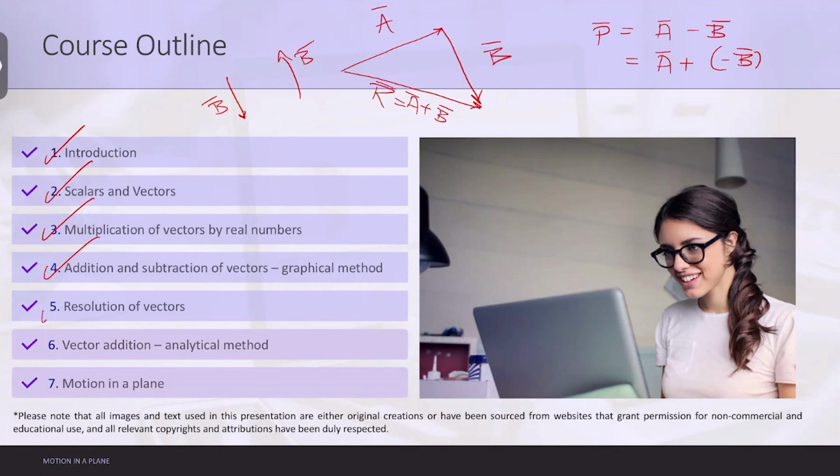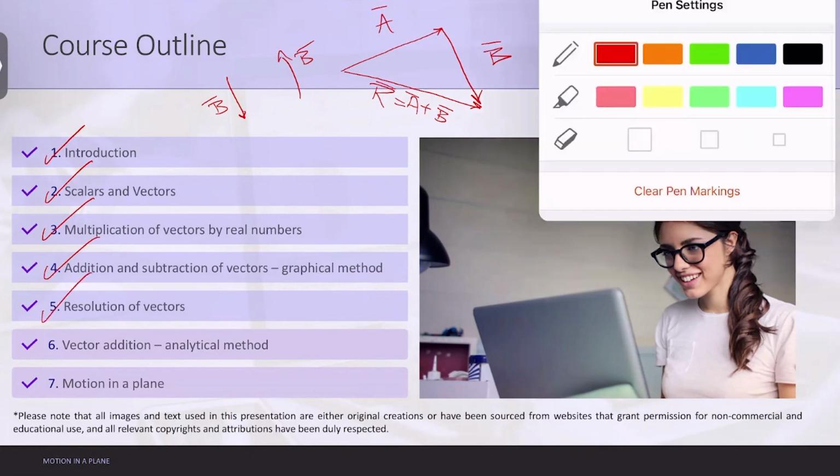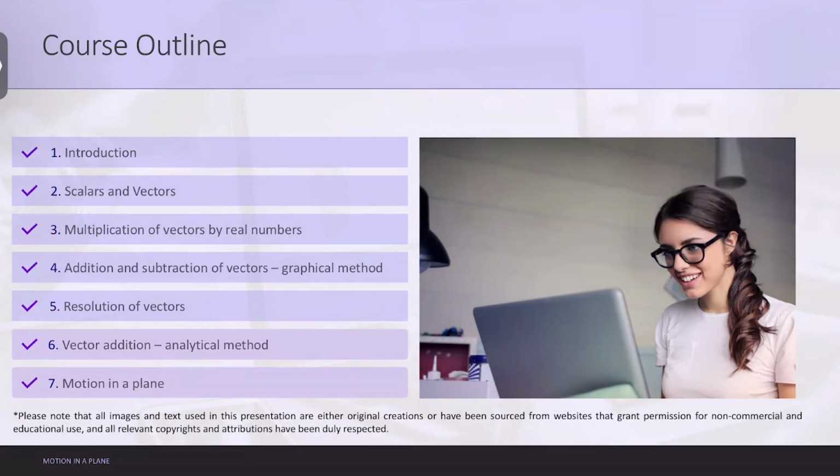The next thing was about resolution of vectors. The resolution of vectors simply states that, let us suppose there is some vector A, some vector small a, and some vector small b. The vector capital A can be written as the summation of this a and b with some factor multiplied into it.